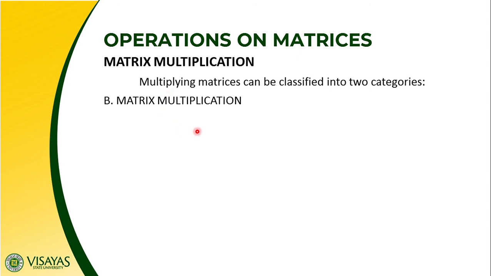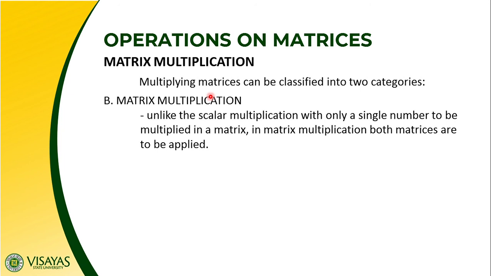So you cannot multiply here 2 by 3 and then 3 by 2 because they will differ on the number of rows and the number of columns, because the rule here for multiplication of two different matrices, the elements in the rows of the first matrix are being multiplied to the elements in the columns of the other matrix.